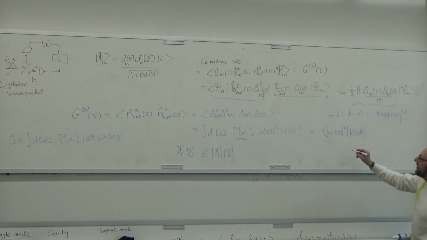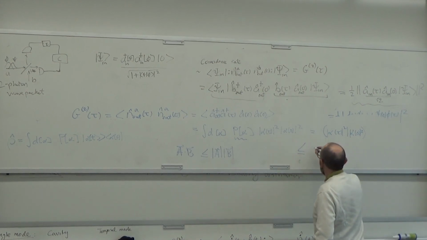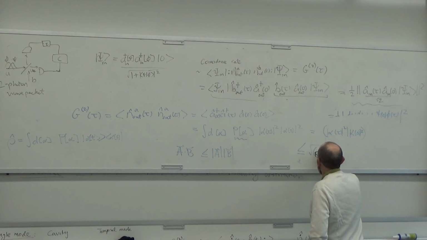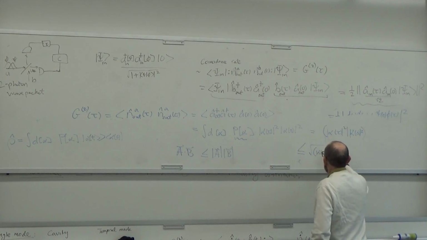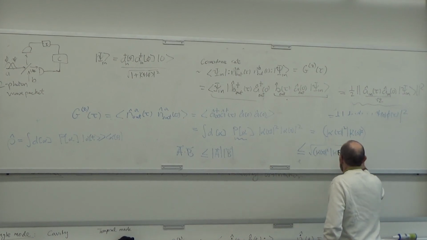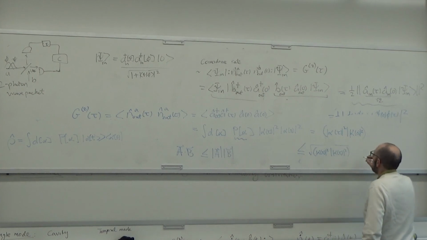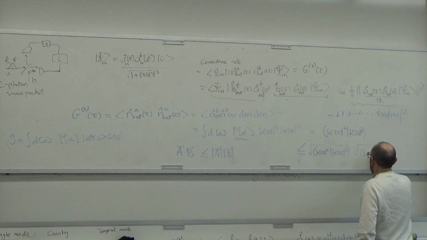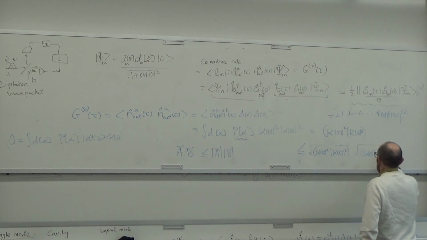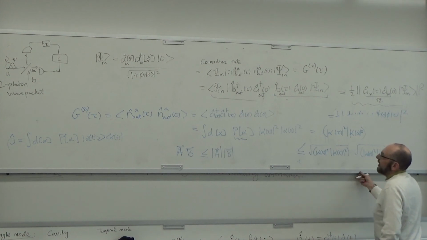So G2 is less than or equal to the square root of the inner product of the function with itself, times the inner product of that function with itself. That's the triangle inequality.